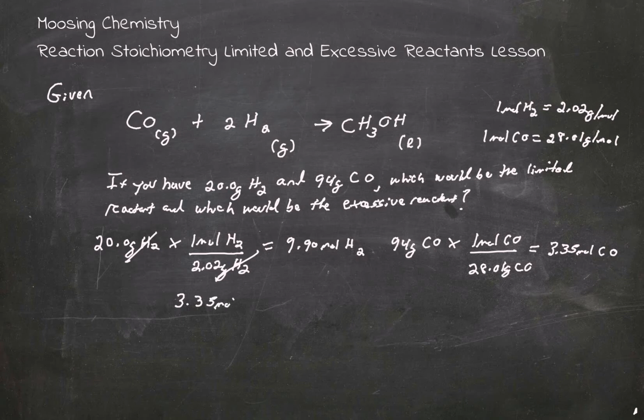So I'm going to go 3.35 moles of CO. Okay, that's what we determined that we had when we had 94 grams times the mole ratio of carbon monoxide to hydrogen. So in our ratio, we have 1 mole of carbon monoxide to 2 moles of hydrogen.